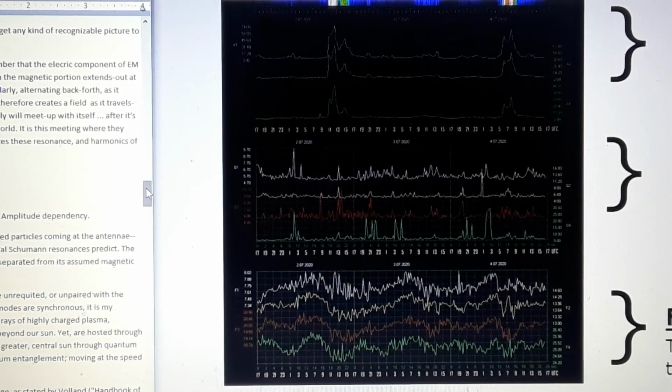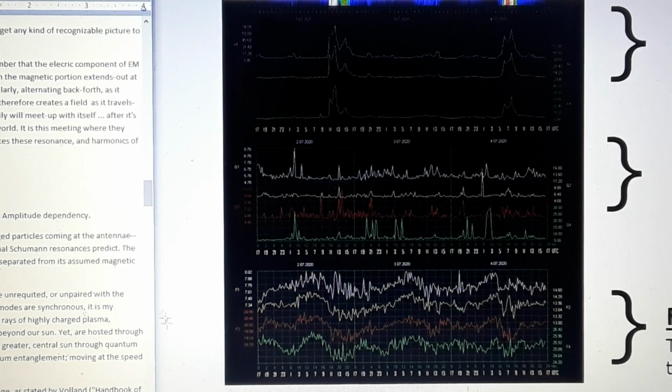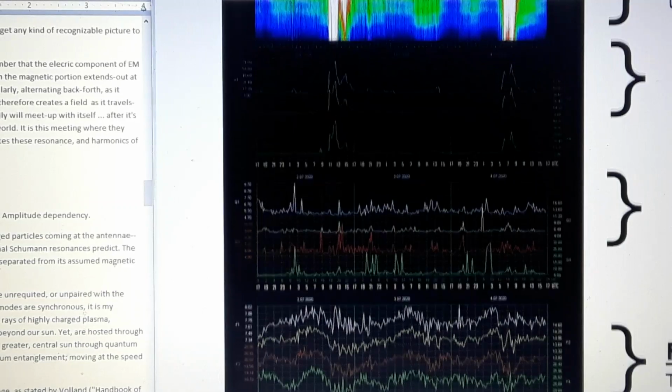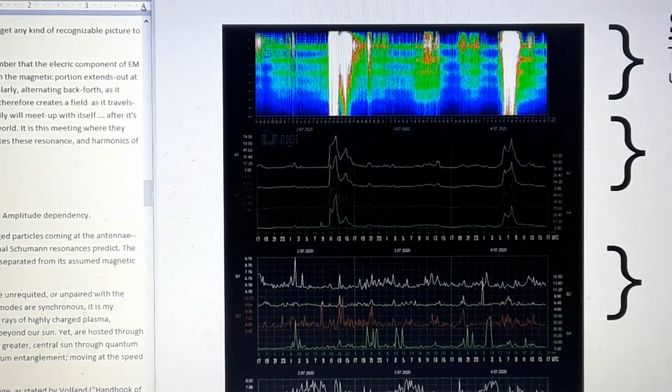It will interfere with itself after it has traveled around the world. It is this meeting where the two come together which creates the resonance, or the harmonics, of the radio waves which you are seeing. You are being shown that resonance here in the spectrograph.